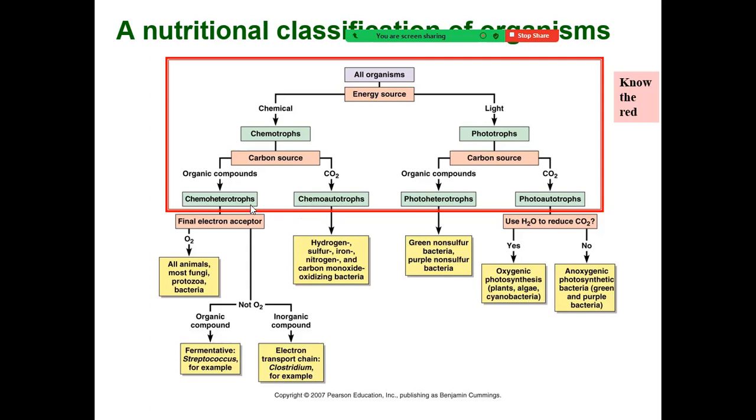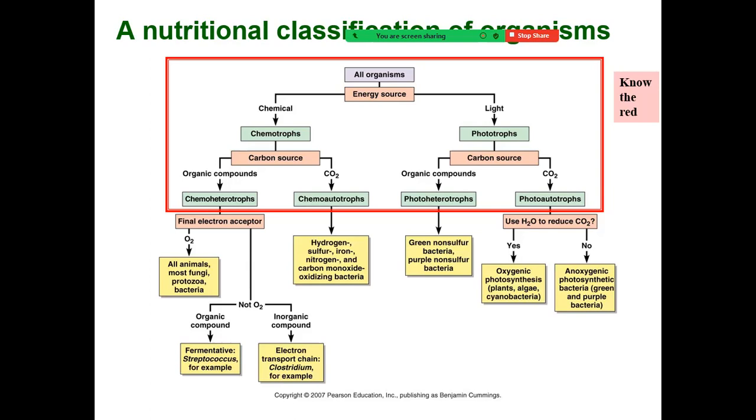It is true with the chemoheterotrophs, you can then divide them by what their final electron acceptor is. And we'll talk about that when we talk about aerobic respiration. If the final electron acceptor, meaning where the electron ends up, is oxygen, then all animals are that way. Most fungi, protozoa, most bacteria also are that way. If the final electron acceptor is not oxygen, then they are an anaerobe.